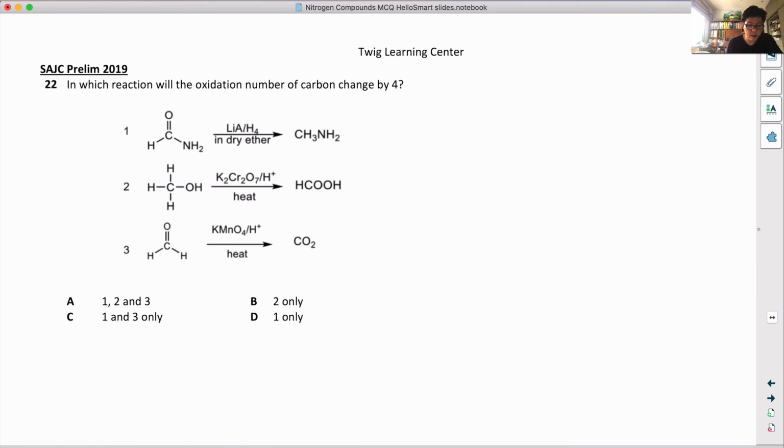Which reaction will the oxidation number of carbon change by 4? Let me just draw it out nicely. All I need to do is look at the atoms around carbon. Very quickly, oxygen is more electronegative than carbon, and it's a double bond, so I'm going to say the O here has oxidation state -2, and carbon here +2.